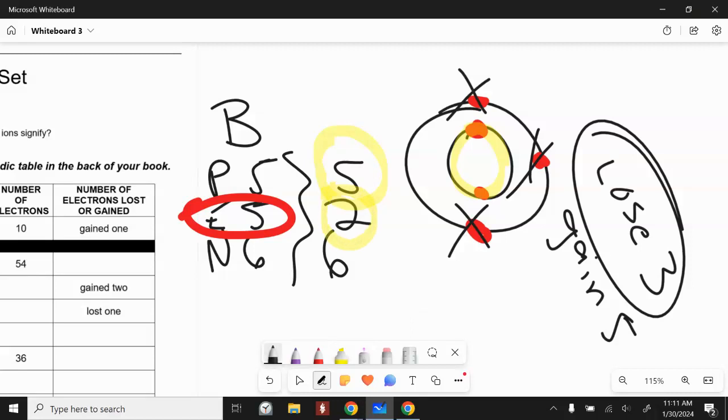So now I am positively charged by losing 1, 2, 3. So then I go back and write B with a 3 plus. And that makes me a cation.